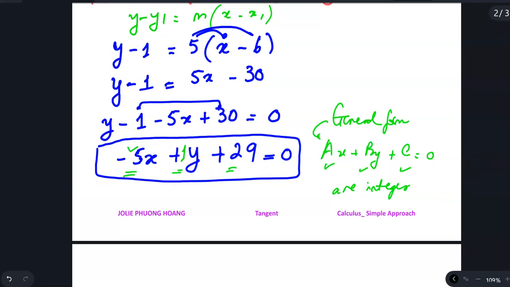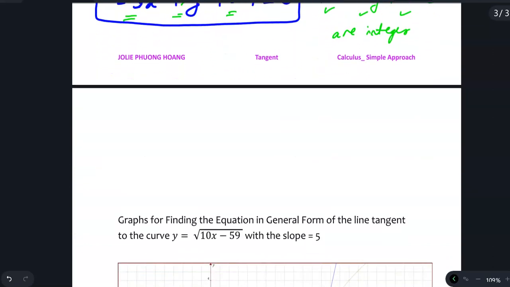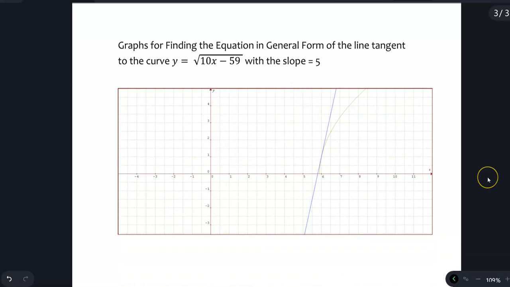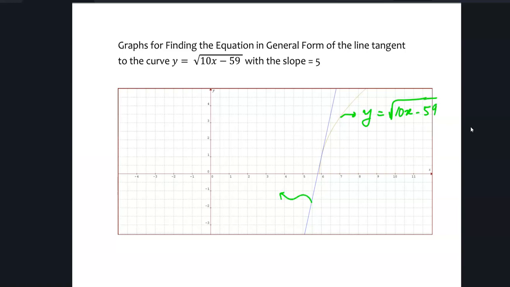And I will present to everyone the graph that I have on this page here. On this page, what I did was I sketched the graph with the line itself. So in this case, I have y equal to the square root of 10x minus 59. And this line here is the line tangent to this curve at the point 1 and 6. So that's point 1 and 6 right here.